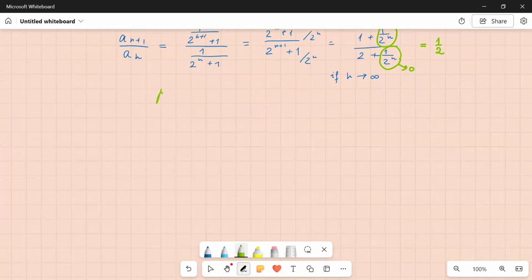Let me write out the ratio test. So the ratio test is going to have 3 parts.